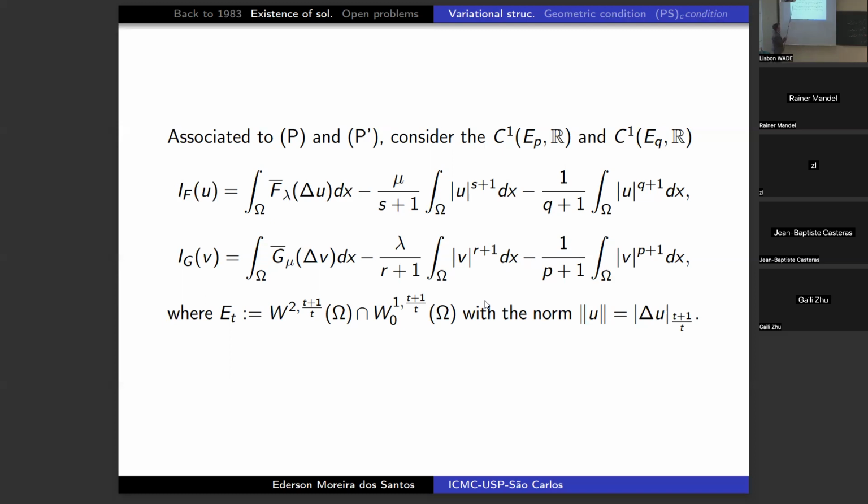We search for critical points of this functional in this space here, E_P, where E_P is this Sobolev space, this second order Sobolev space here. And we consider this node here in this space. If we invert with respect to the first equation, then we treat the problem using this functional here.